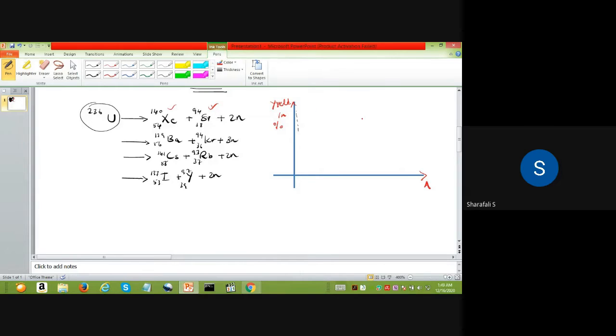When you consider that curve, it will be almost like this. Somewhat it will go like this, and then it will reduce to a minimum. Then again it will increase. On this side it will have a little more, but almost similar to this curve.